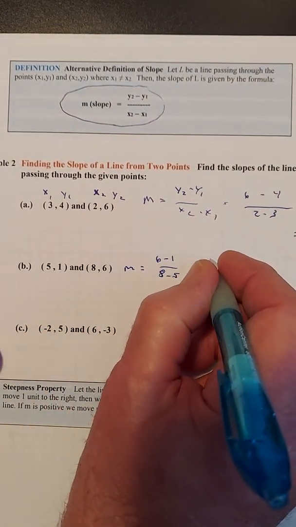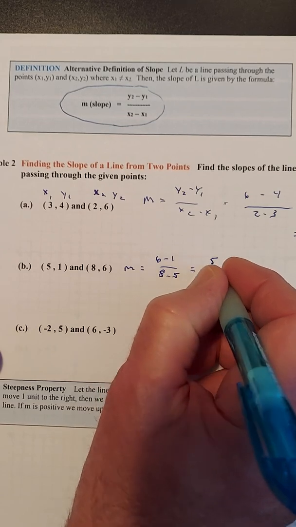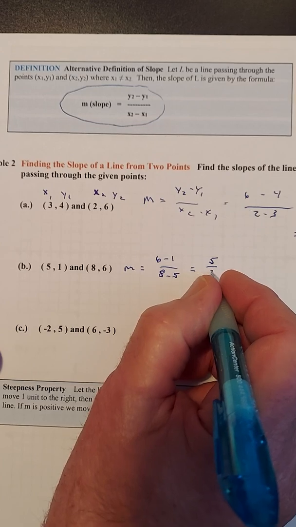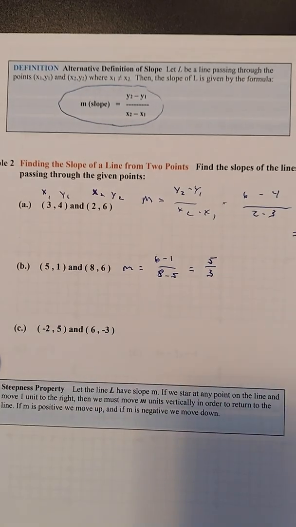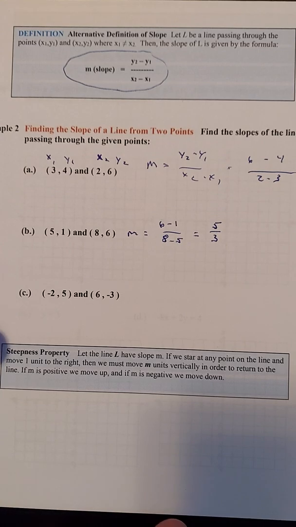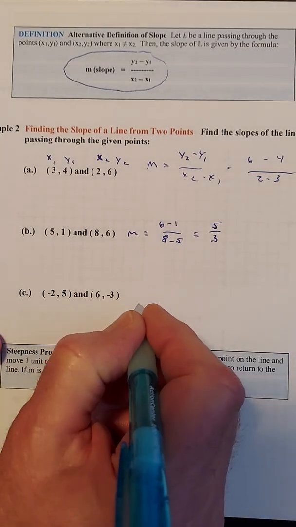So really work on making sure that you have the numbers in the right places. 6 minus 1 is 5, and 8 minus 5 is 3. So 5/3. And just keep it like that. Don't write that as 1 2/3. It's better to leave it as what they call an improper fraction.